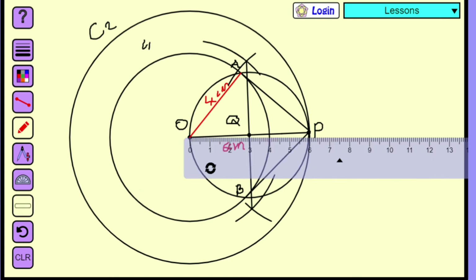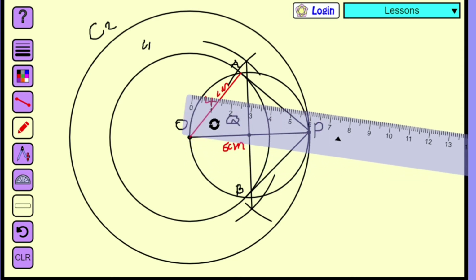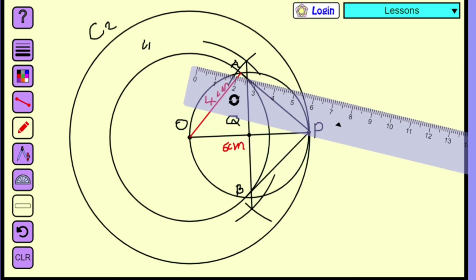By using a ruler, we can measure the length of AP.